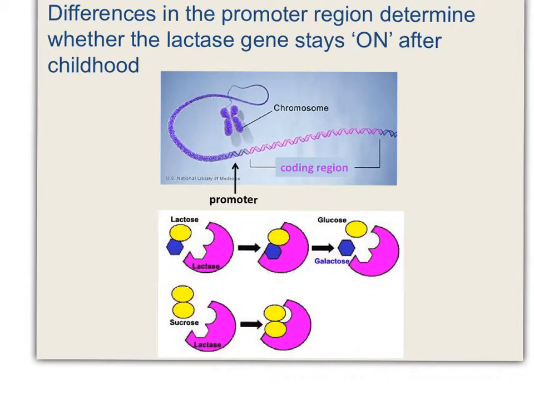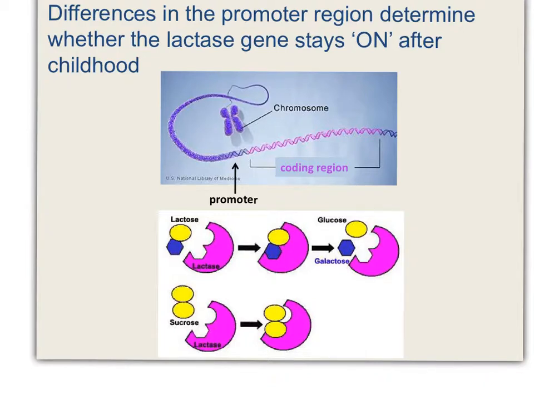But in Africa, there's two other populations that had different mutations in the promoter region that kept it on. So we know at least 3 times, in this case, all with kind of pastoral cultures, that the lactase gene is on because those people have access to milk and they can now digest it.